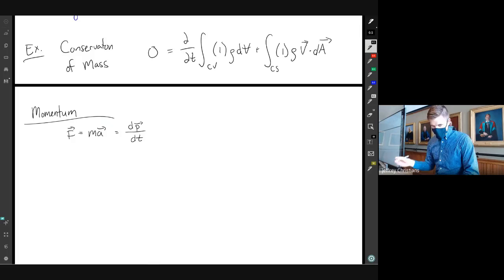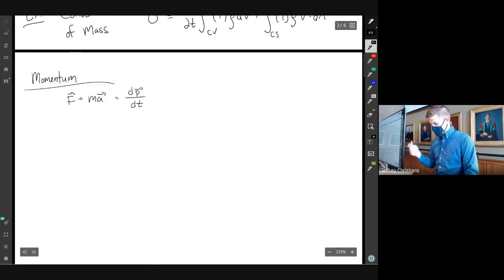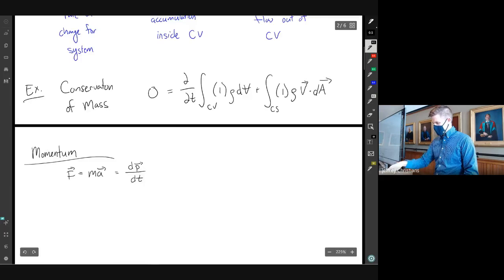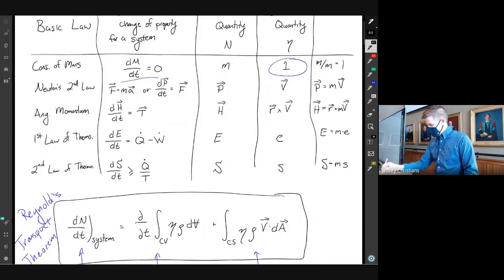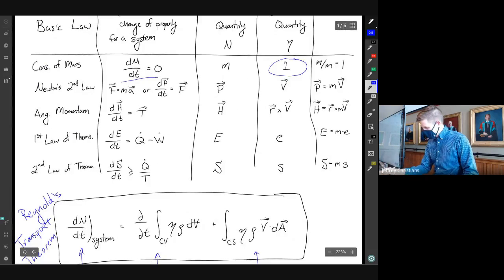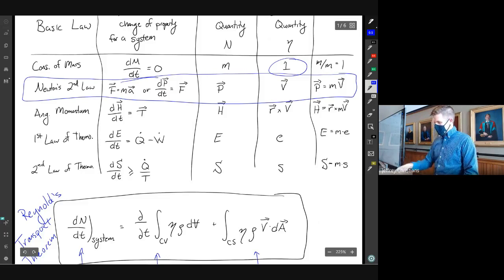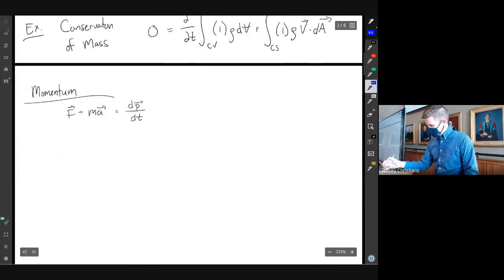That's our fundamental law. We're going to map this law using this section here, Newton's second law. So how does momentum change for a system?